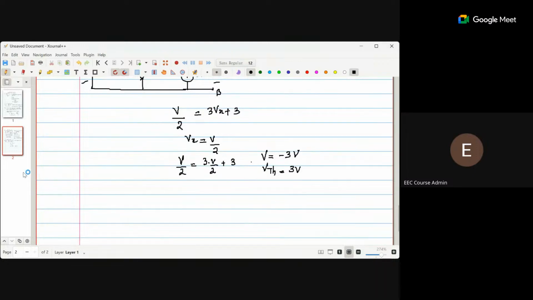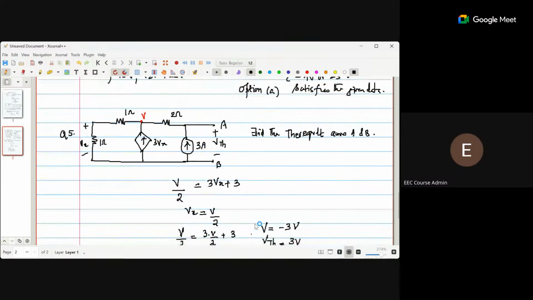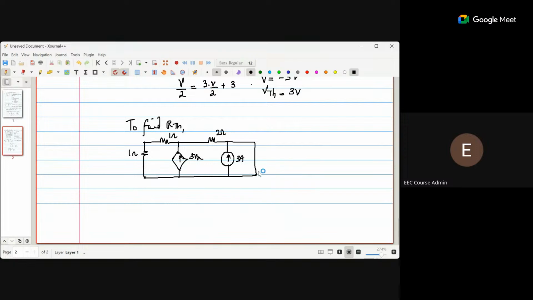Then to find RTH, since I have a dependent source, I will go for finding the short circuit current, and then by VTH by ISC we can find RTH.